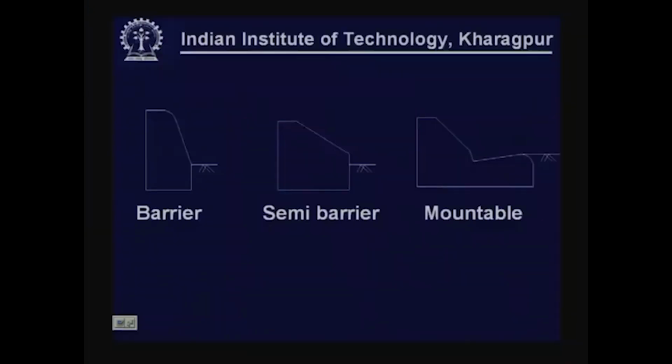So, wherever in urban environment we provide curb to ensure the safety of pedestrians, there often we provide barrier type curb, so that it cannot be crossed by vehicles so easily. Semi barrier type curb is in between, which again can be crossed, but with some difficulties.